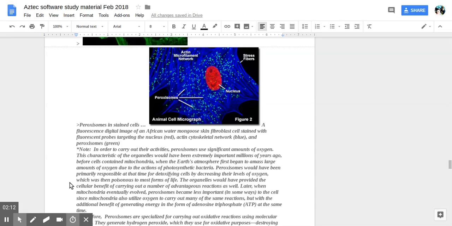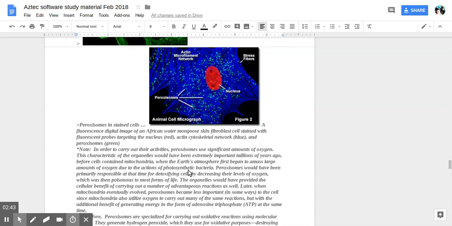or large molecules containing fatty acid chains, as well as alcohol containing molecules. The characteristic of the organelles of using oxygen would have been important millions of years ago, before cells contained mitochondria, where the Earth's atmosphere first began to amass large amounts of oxygen due to the actions of photosynthetic bacteria.